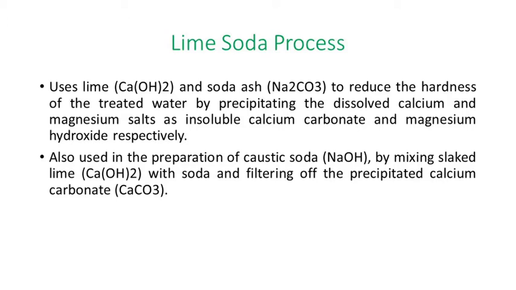Calcium bicarbonate, Ca(HCO3)2, with the addition of lime, Ca(OH)2, converts into calcium carbonate, twice CaCO3, and H2O. Similarly, magnesium carbonate, MgCO3, plus lime, calcium hydroxide, Ca(OH)2, converts into magnesium hydroxide, Mg(OH)2, plus calcium carbonate. In this form, they remove the calcium and magnesium carbonate by forming calcium carbonate and magnesium hydroxide.